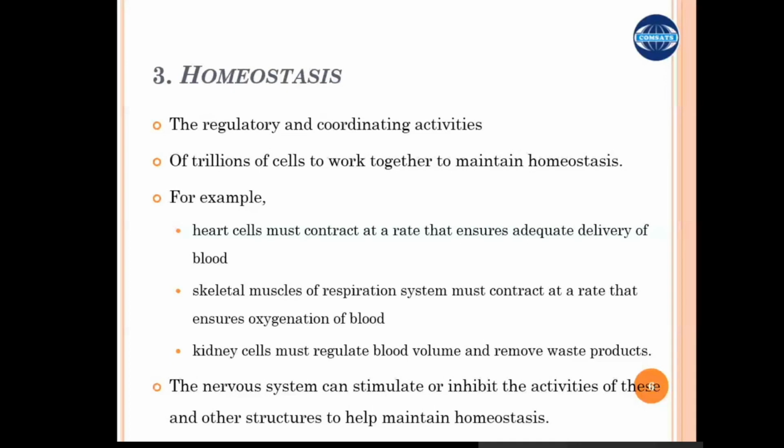They're all different types of levels present in the body fluids and in the cell. So these are maintained by the process known as homeostasis, and the brain is the main control center of homeostasis. Right, so the regulatory and coordinated activities of the brain help to maintain its homeostatic position.